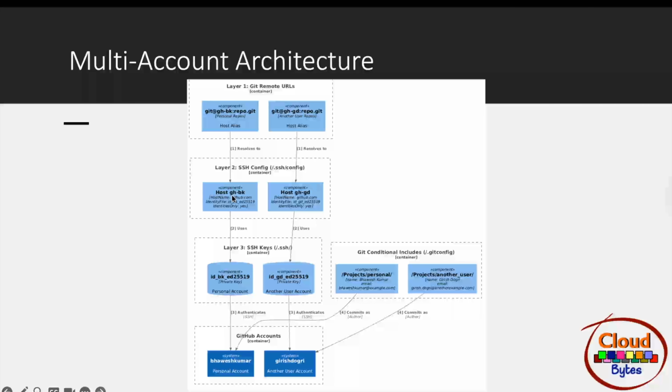Now, this SSH is going to read from your .ssh/config file, which I will show you how it looks like. So you can have a host over here, which is an alias. You can see gh-gd, gh-bk. These are the aliases. Other information, we'll talk about it. This goes through the keys that you have.